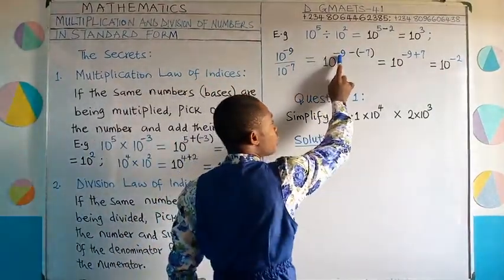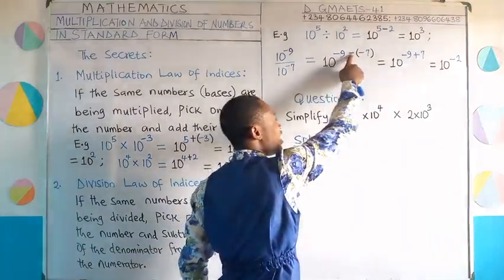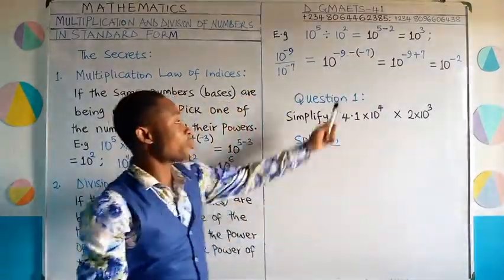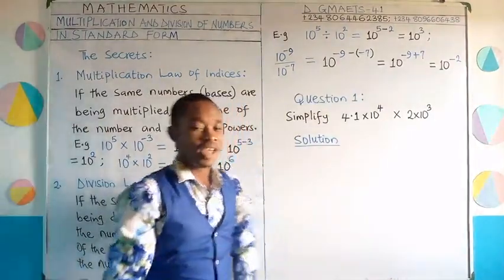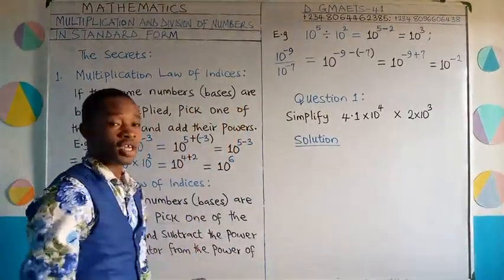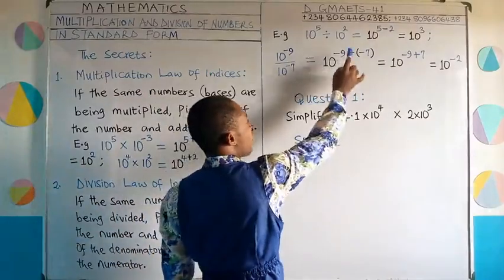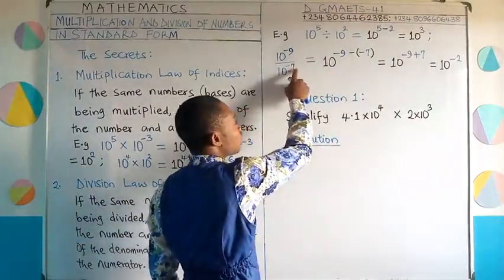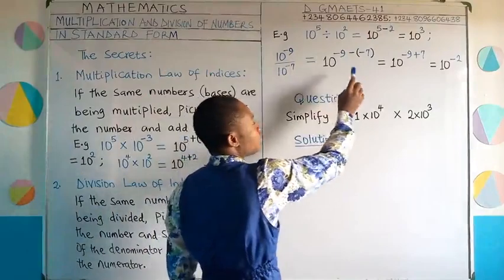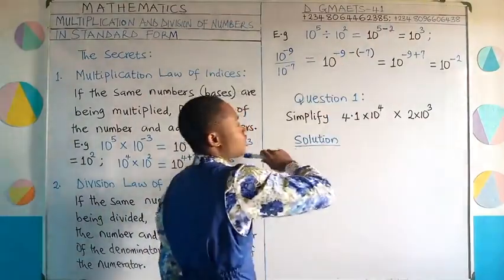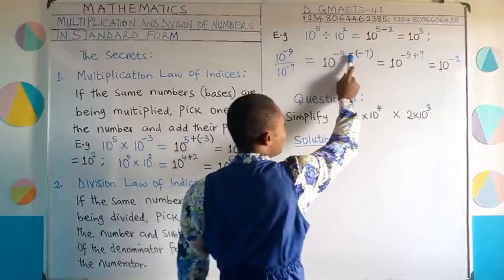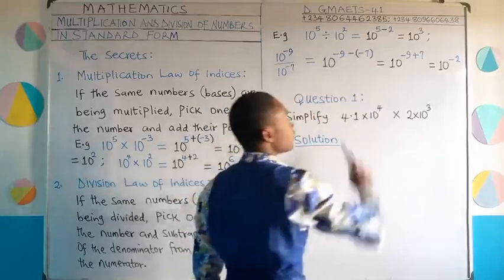So the power of the numerator, which is minus 9, then minus, can you see this minus I wrote with the black marker? Yes, that's what the division law says. You now subtract the power of the denominator, in this case minus 7. You subtract it from minus 9. That's what we have here, minus 9 minus minus 7.